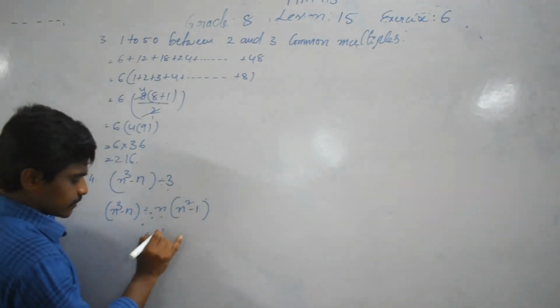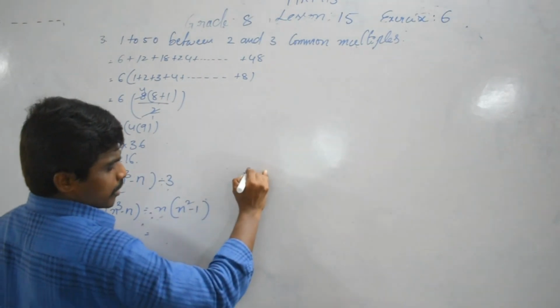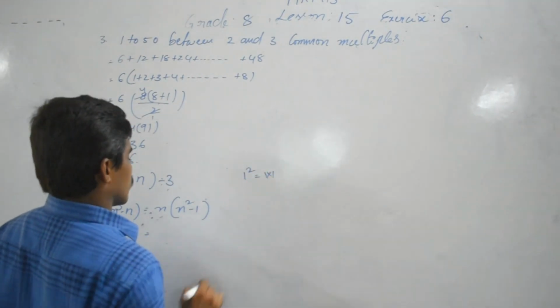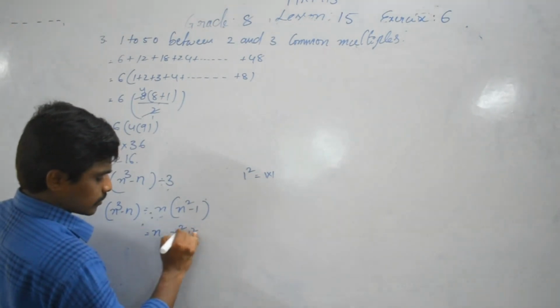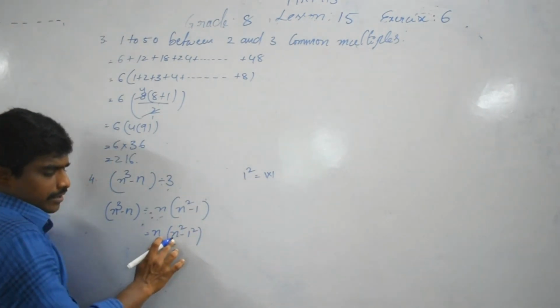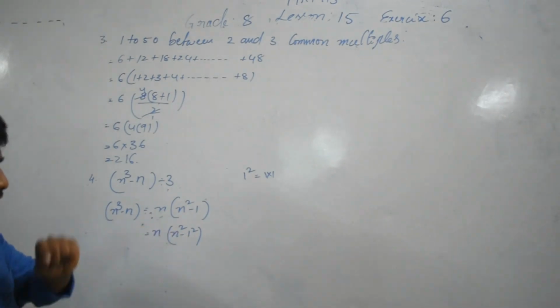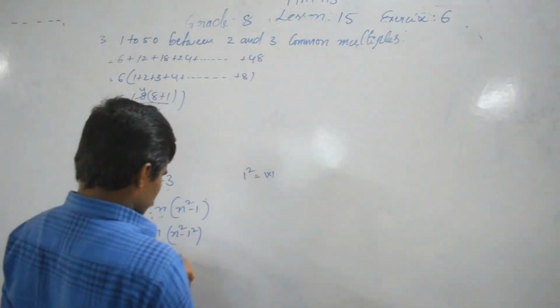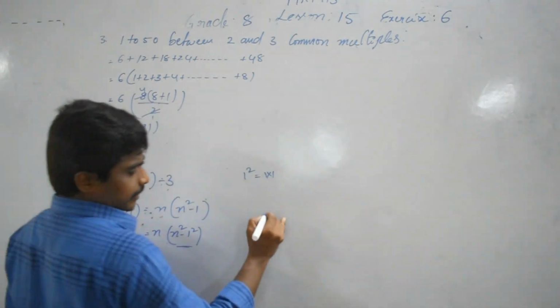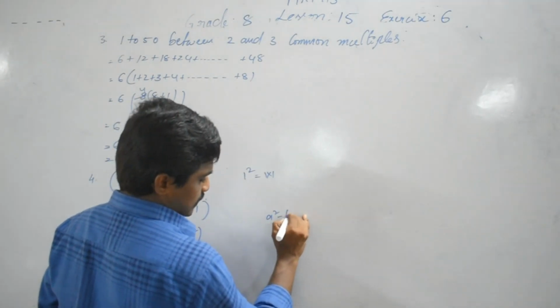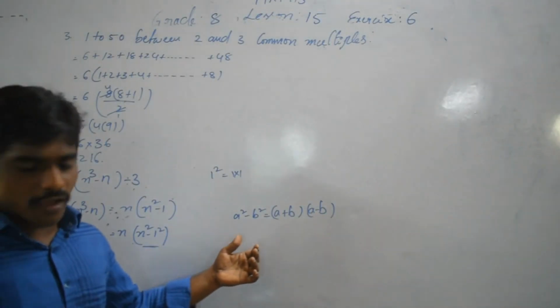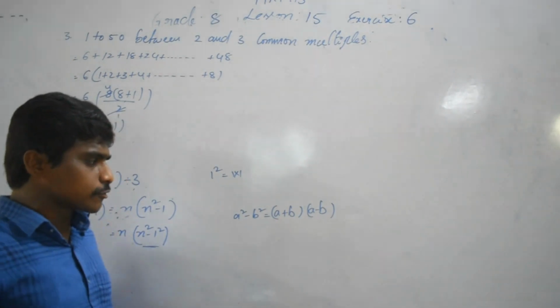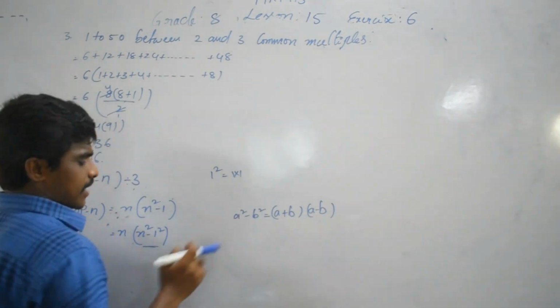This 1 is like 1 square. So you write n square minus 1 square. Which identity is this? A square minus b square equals a plus b times a minus b.